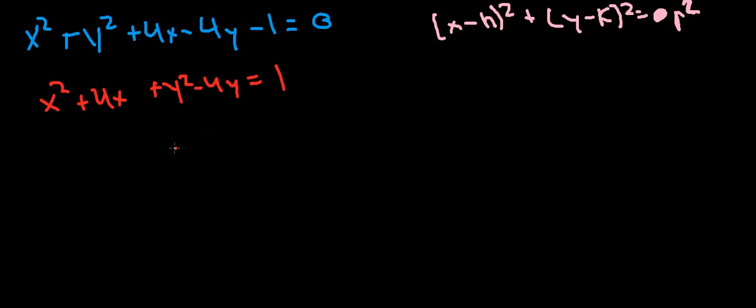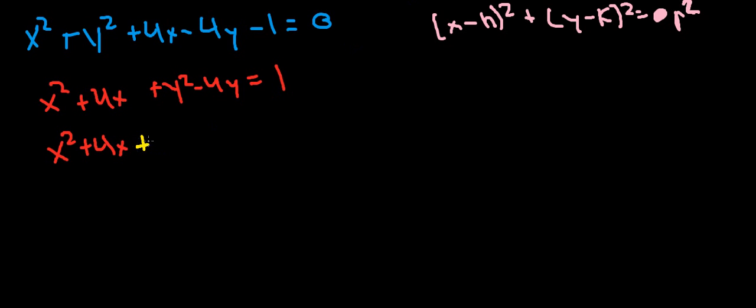All right, so we have all of our like terms together, but we still can't just factor it like we did the other one. So what we're going to need to do is complete the square. So for this term, x squared plus 4x, I can complete the square by adding 4.